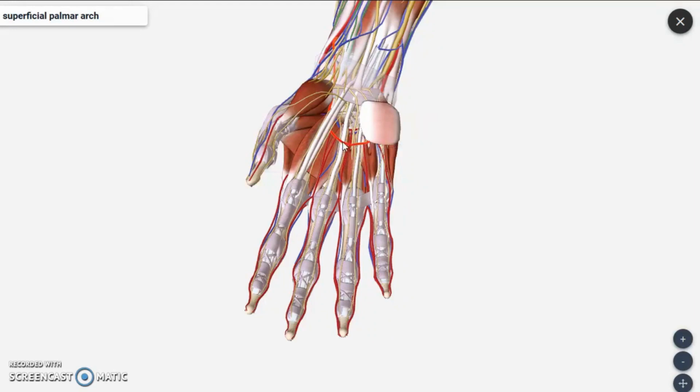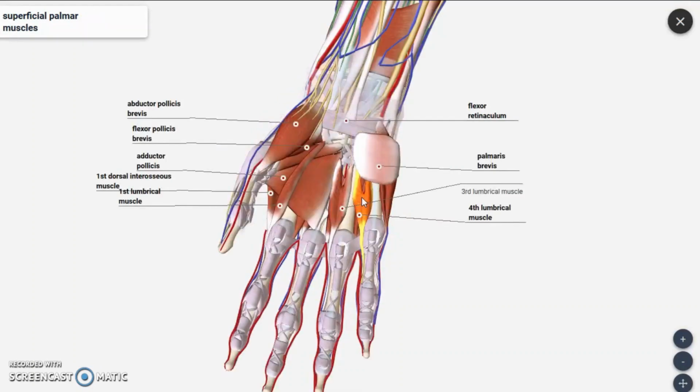And after removing the superficial arches, the arterial and venous arch, we are going to approach the muscles, which are very important structures present in the palmar surface of the hand. So here you can see some muscles which you can make out clearly, and these muscles are called the palmar muscles. Together in the hand region we have altogether 20 muscles.